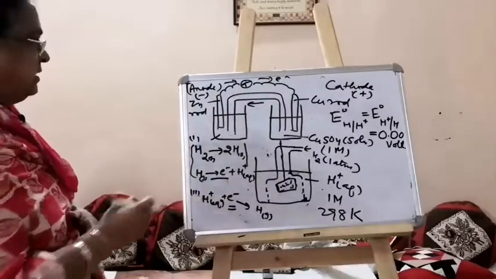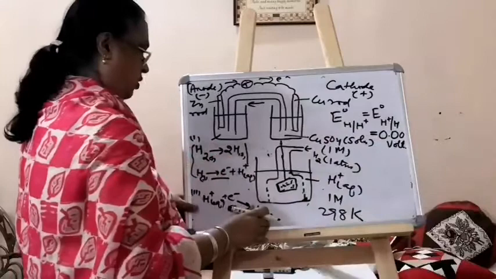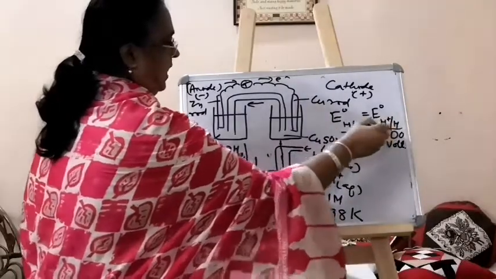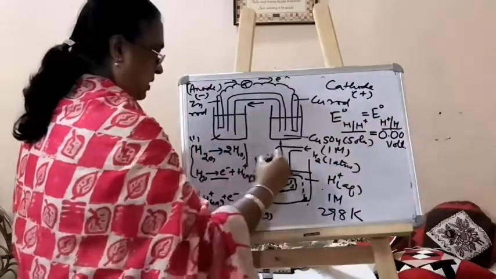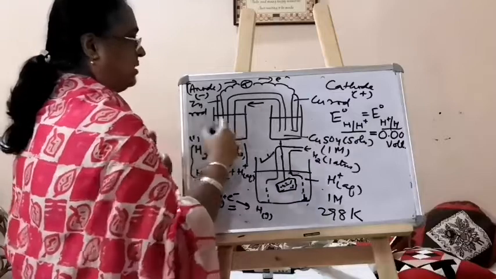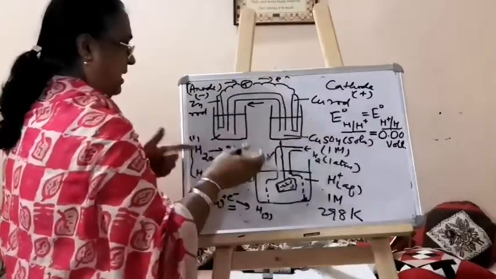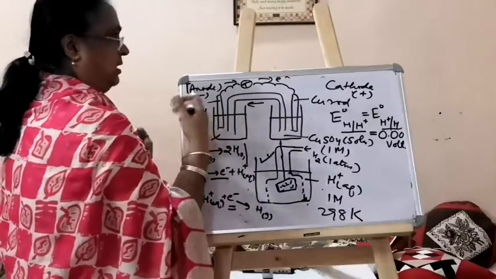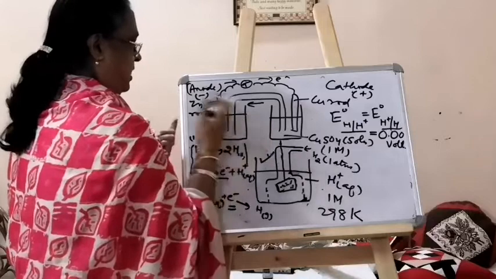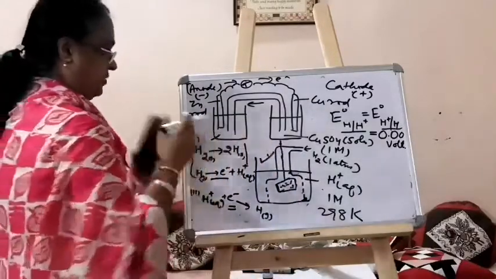So this is called the standard hydrogen electrode, having electrode potential 0. Since it has both oxidation potential 0 and reduction potential 0, this half cell can be used both as anode as well as cathode, in one galvanic cell either as anode or as cathode.